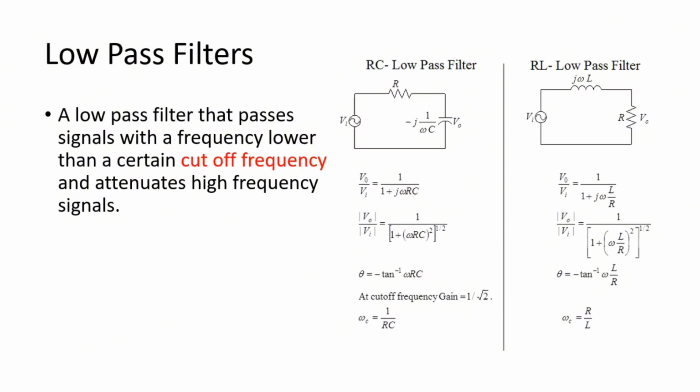So you need to develop the transfer function of the RC and RL low pass filters. To get the transfer function, Vout over Vin is the basic equation.